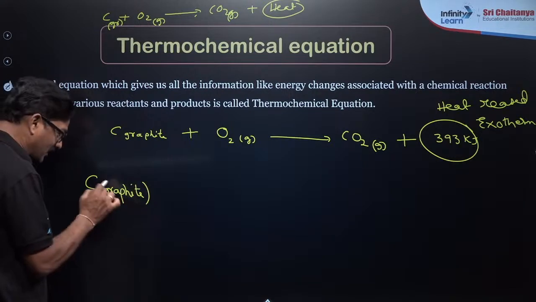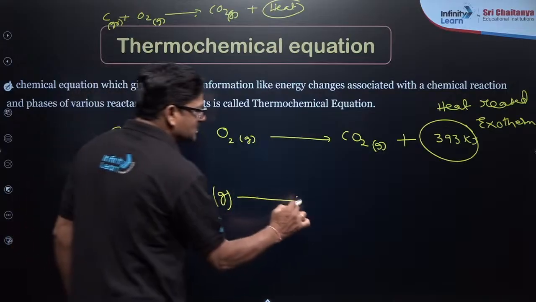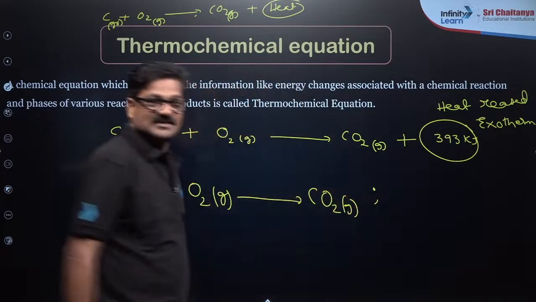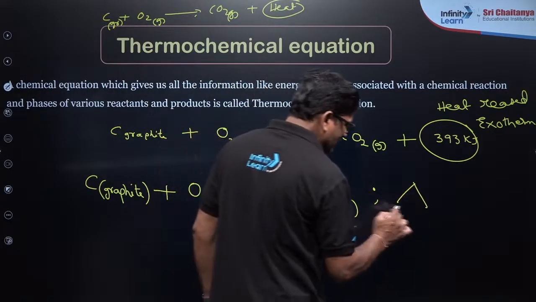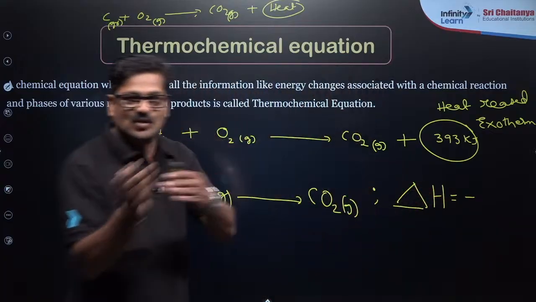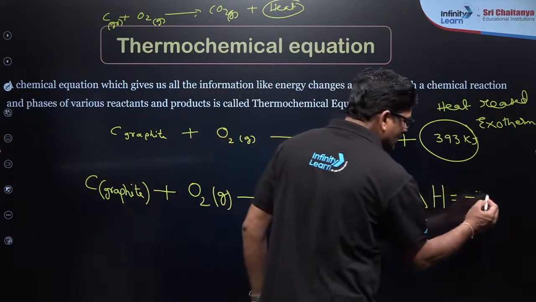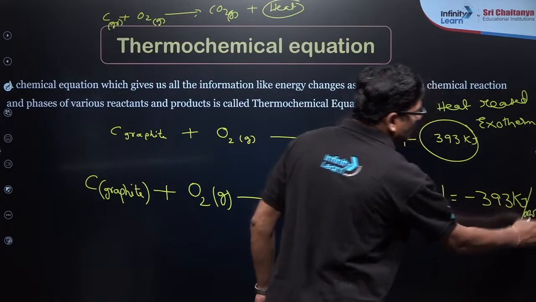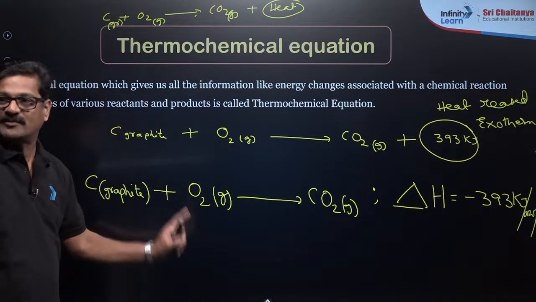Allotropic form has to be introduced, and oxygen in the gaseous state gives rise to carbon dioxide in the gaseous state, and a semicolon is given here, bachcho, and the delta H value is going to be exo. So the system is losing energy, so delta H is going to be negative 393 kilojoules per mole. So this is exactly the technical thermochemical equation.